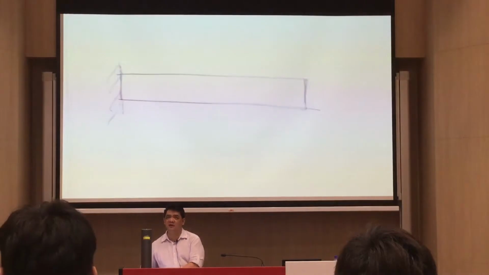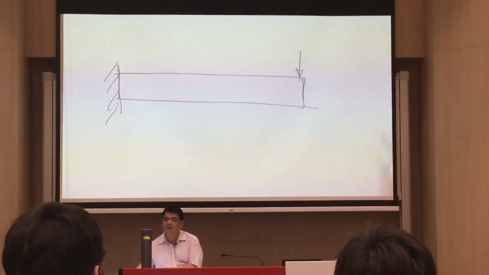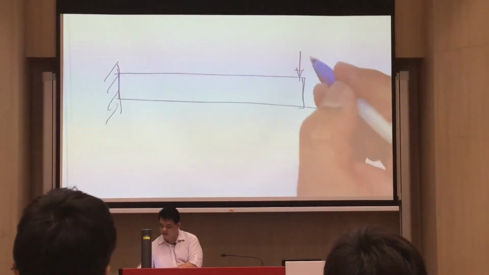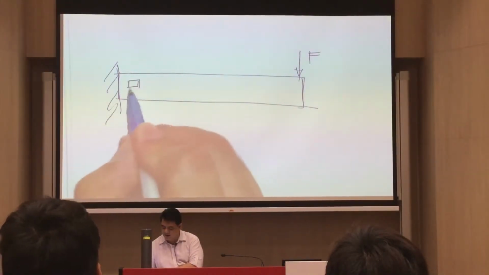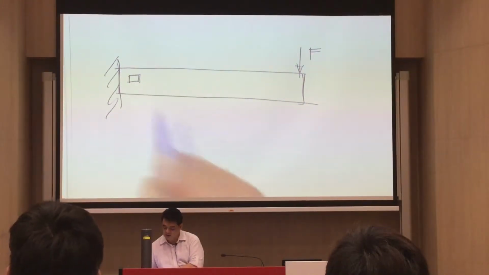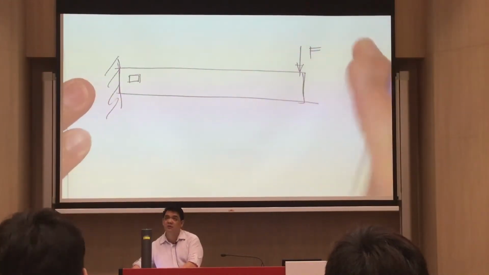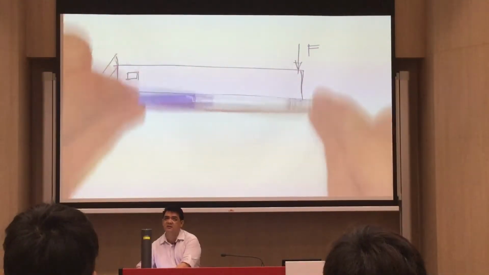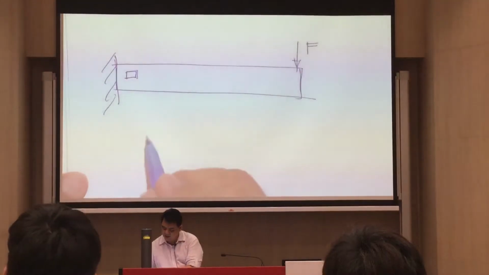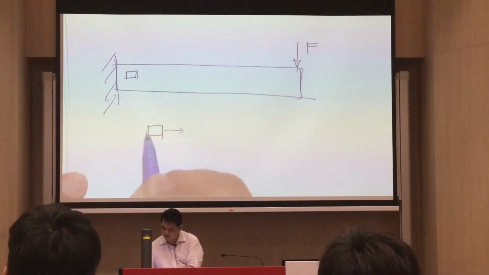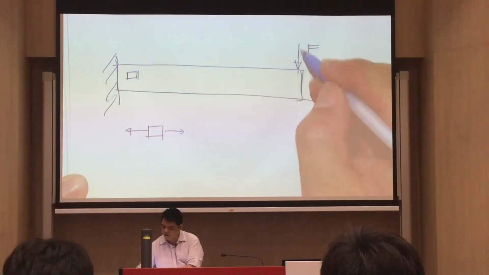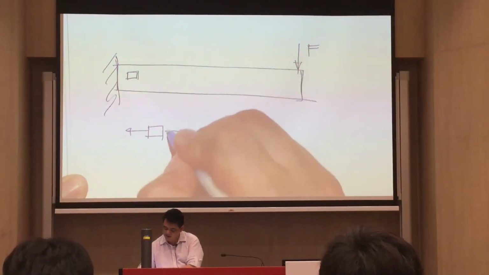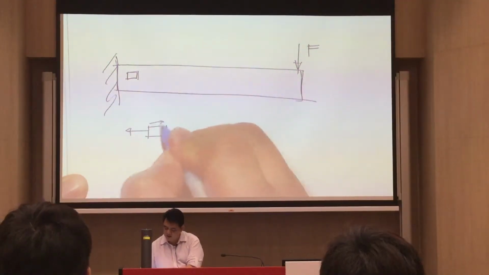So we have this force there, or say a load. Once this bends, there will be a stretching. And then of course, because of that shear force there, there will be a shear there.